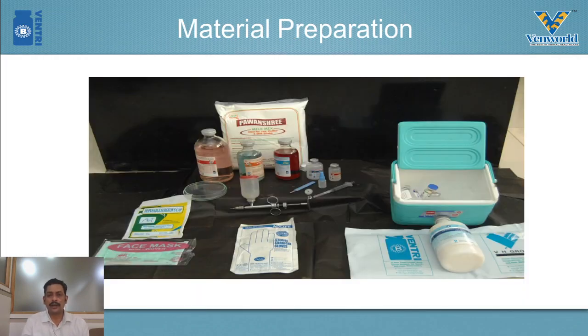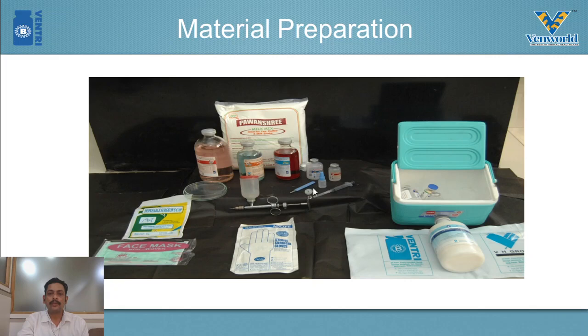Before starting the actual vaccination, we have to keep ready all the material required for the vaccination. Important is the vaccinator, because vaccinator machines are very important in this vaccination method, and you have to check all this equipment before starting the vaccination, because there is a chance of leakage of the vaccine from the vaccinator machine.